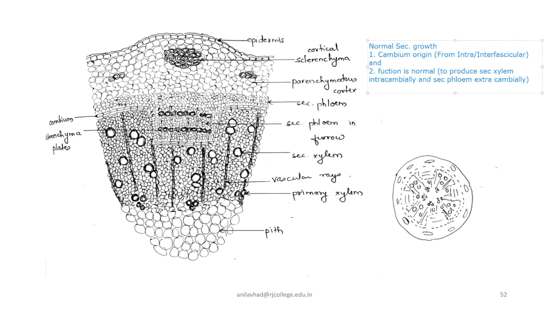The 4 alternately arranged strips of cambia produce more secondary xylem towards the inner side and less amount of secondary phloem towards the outside.